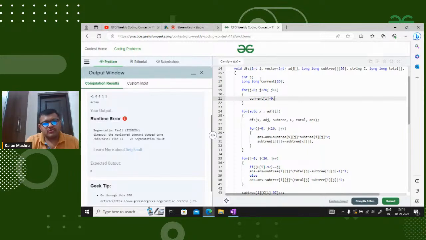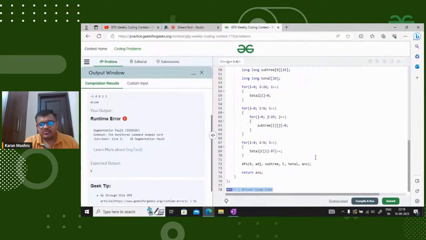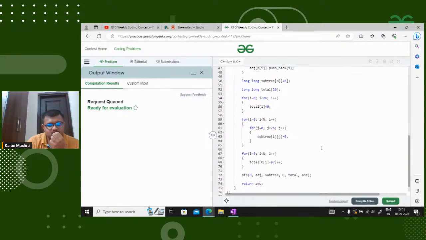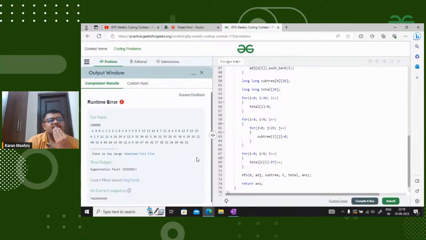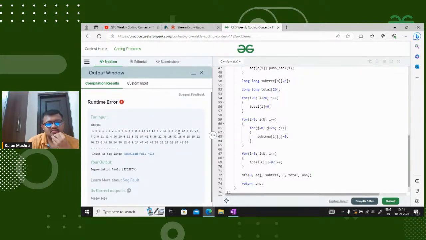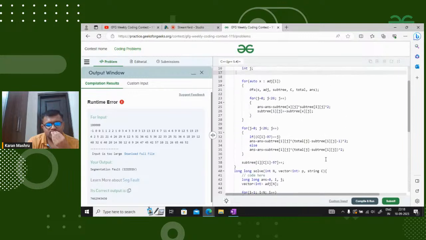So the approach and the concept part is right, but we cannot declare an array of this size, so we need to reduce it. It is failing on some test case.